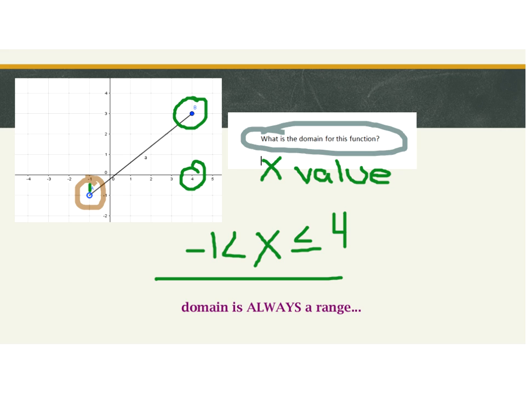You need to keep that in mind, because that's a reason you lose points on tests: you give me a single number when you should give me a range. X is greater than -1 because it was an open circle, and X is less than or equal to 4. Any questions?